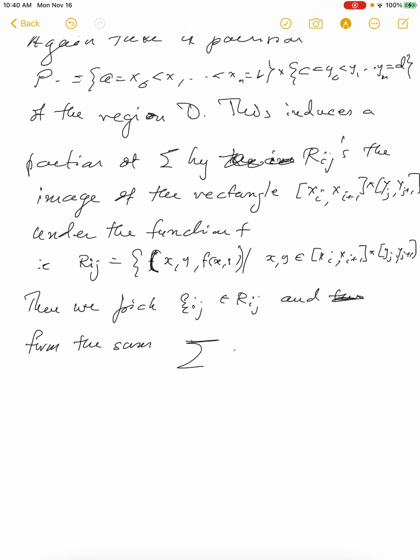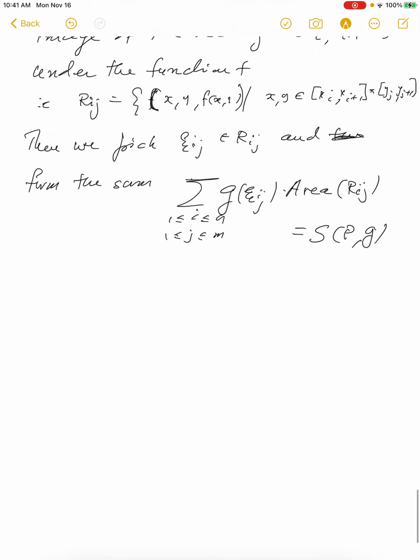We will take the value of g at xi_ij multiplied by the area of R_ij and then sum over i equal to 1 to n, j equal to 1 to m, and this we will call S_P of g, where g is the function we are integrating.